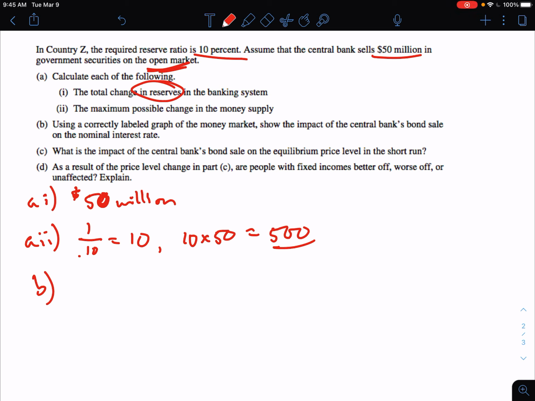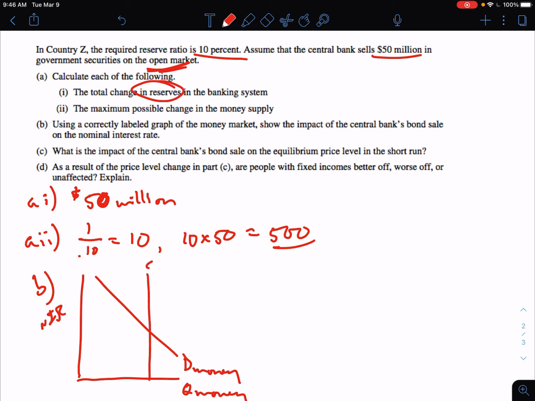Draw a correctly labeled graph of the money market showing the impact of the central bank's bond sale on the nominal interest rate. This is going to be similar to the graph we just did a second ago. So we have our downsloping demand for money, and then we have our quantity of money, nominal interest rate here, our initial supply of money, and then our new supply of money.